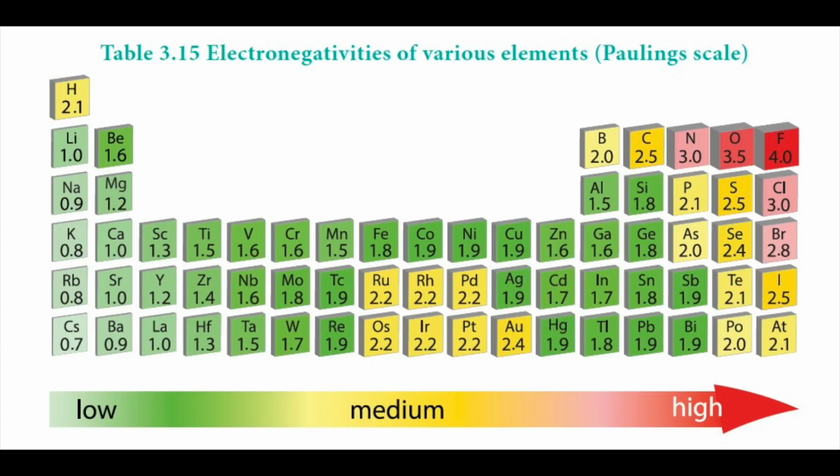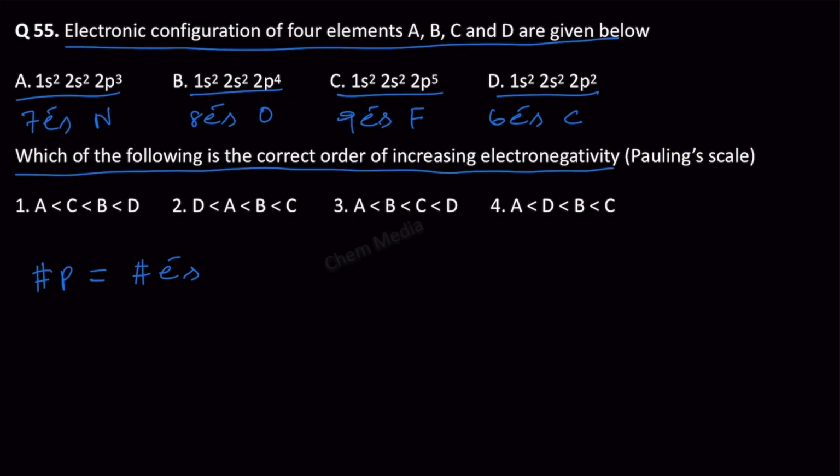Now in the periodic table, electronegativity increases when we go from left to right, and within a group it decreases. So therefore which one will have the lowest value? Carbon will have the lowest value. So we are writing in ascending order.